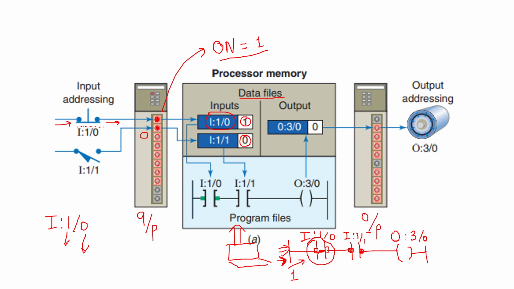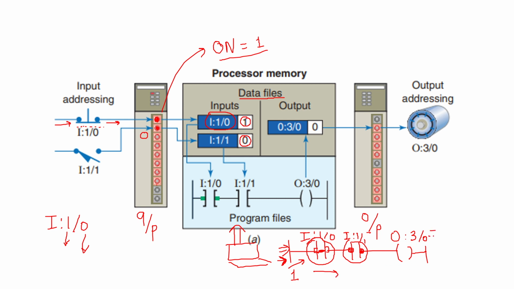So suppose this is the current, and the current can't go through this path because it is open, because this point is getting a zero signal. Zero means off, so you are not getting any current at the output.